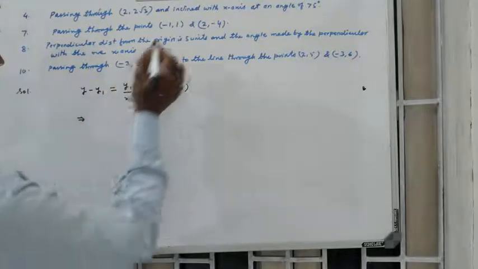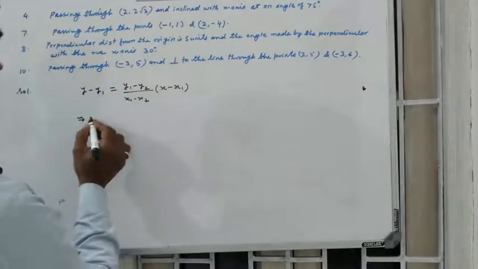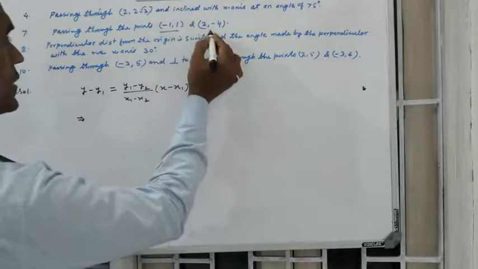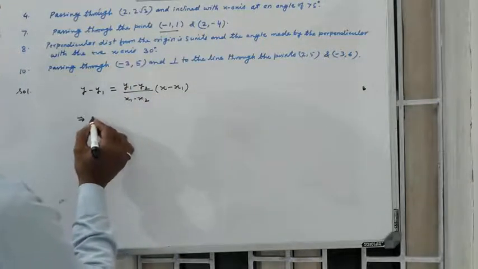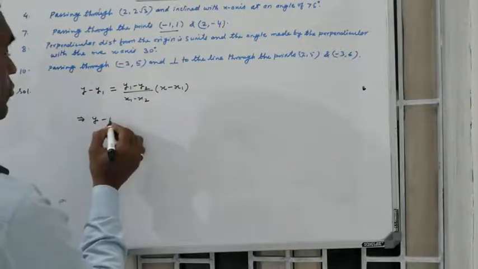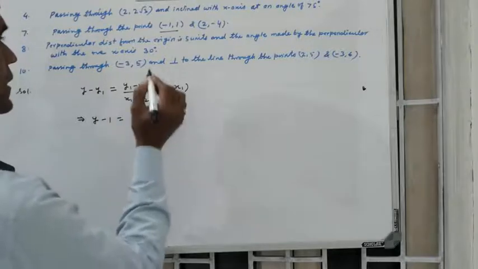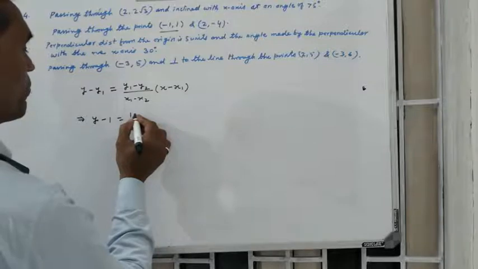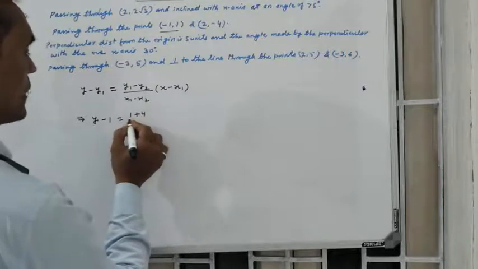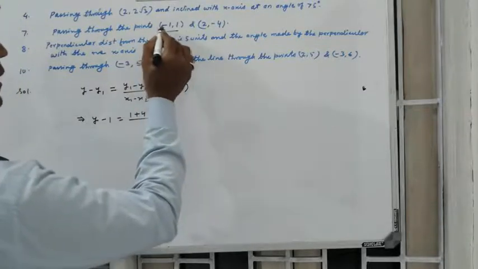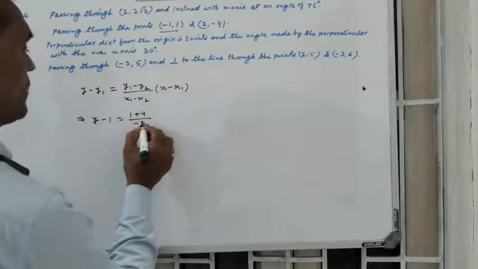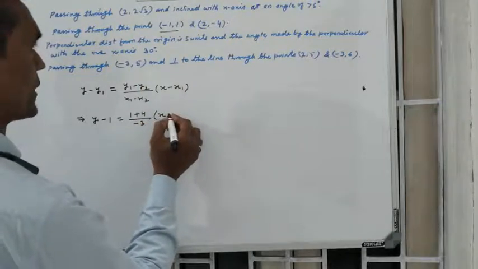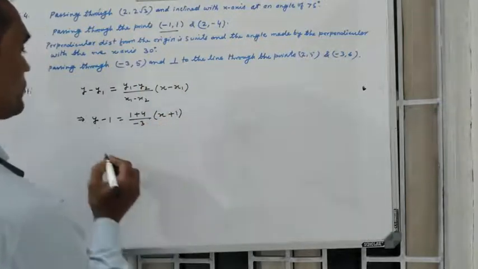Now we put the values simply. Minus 1. So I am taking this first and this second. So y minus 1 is equal to (1 minus 1 plus 4) over (x1 minus x2, minus 1 minus 2, minus 3), and here x minus x1, plus 1.